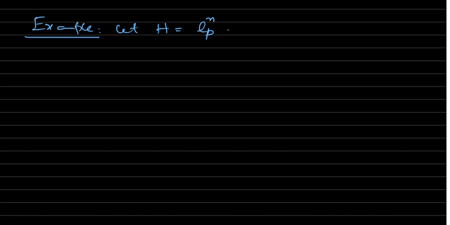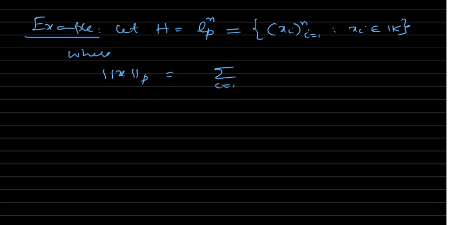So lpn means the set of n-tuples xi, i runs from 1 to n, such that these xi's are in scalar field K, where the norm is defined by norm xp equal to summation i runs from 1 to n of mod of xi power p, whole power 1 by p. Okay, we'll see that for p equal to 2, this is induced by inner product.